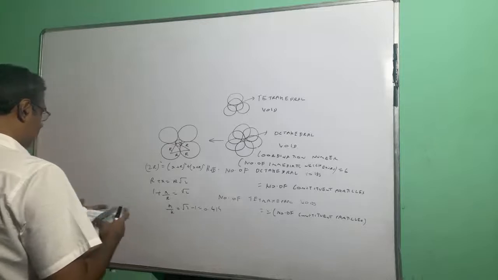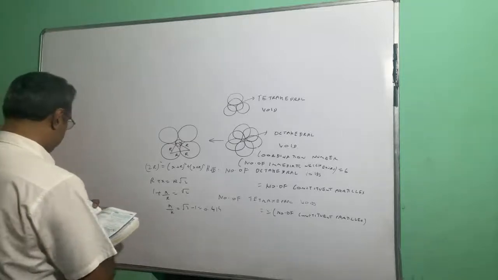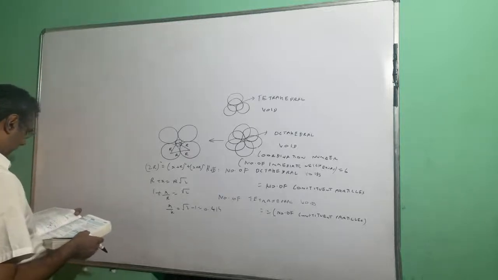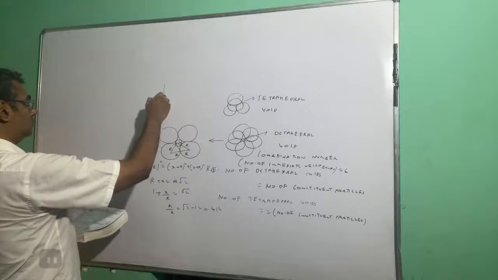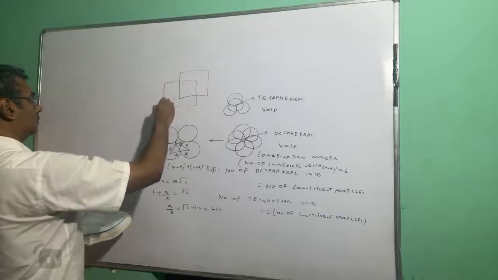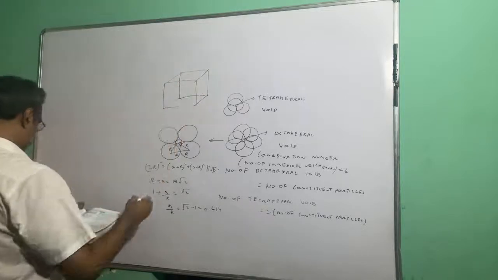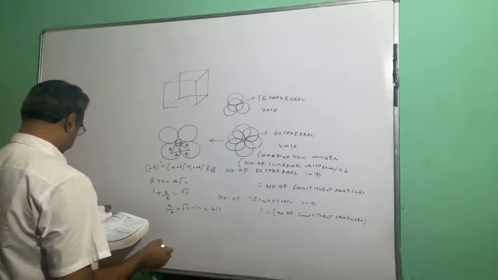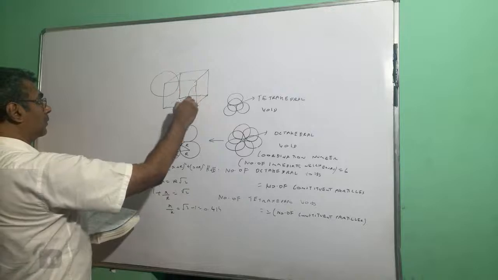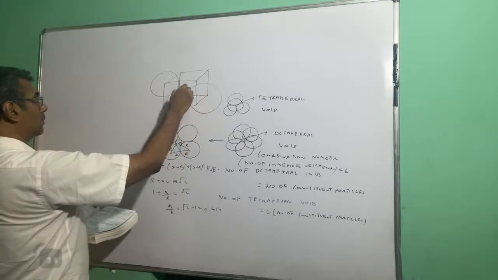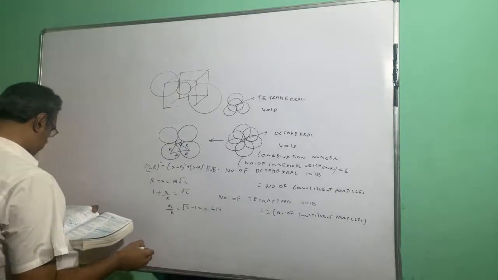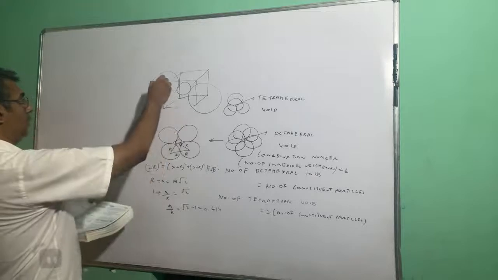Next we come to tetrahedral void. These are the 3 along the body diagonal.